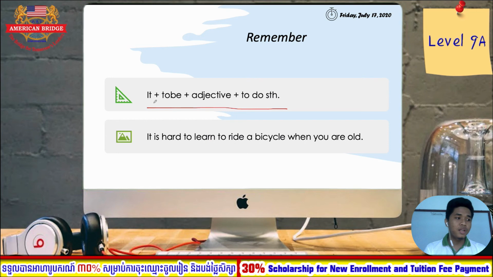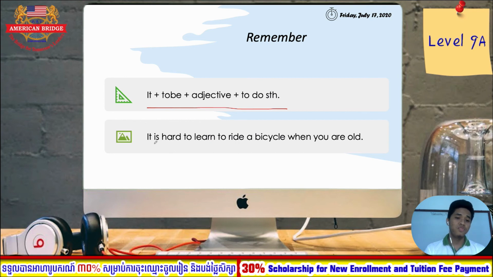So it plus to be, where the to be of it can be is if it is in the present tense, and it can be was when it is in the past tense. Adjective plus to infinitive. Look, it is hard to learn to ride a bicycle when you are old.